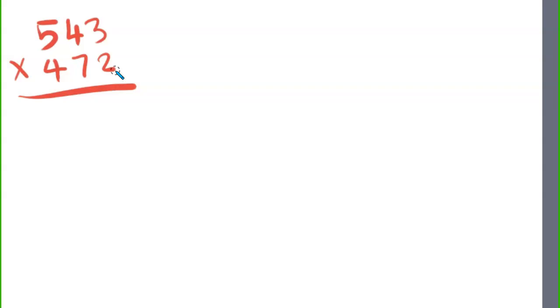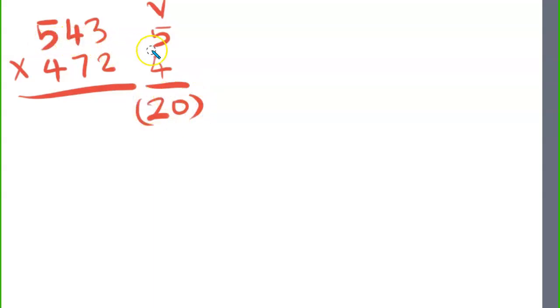So we take the first digit of 543, which is 5, and the first digit of the multiplier, which is 4, and we multiply vertically, so we do the vertical multiplication. So 5 times 4 is 20.